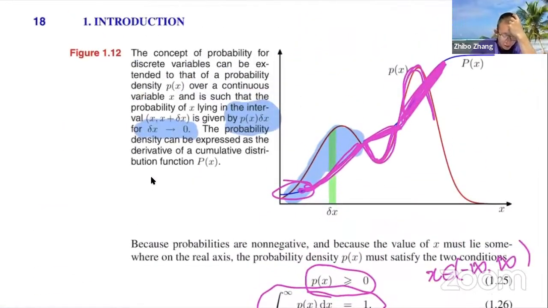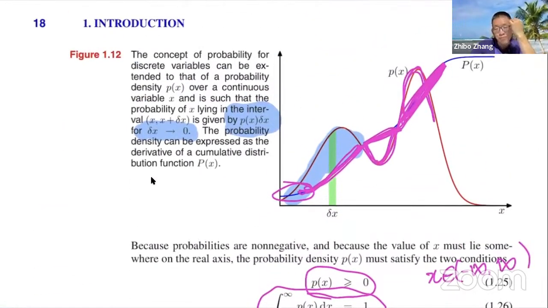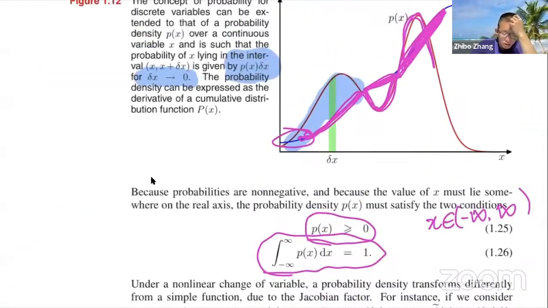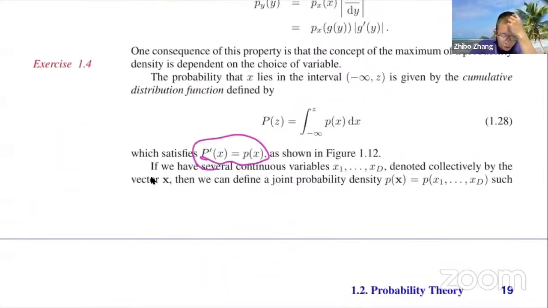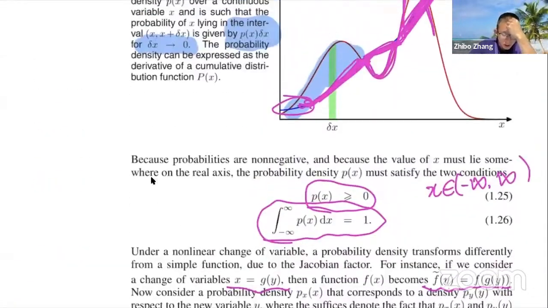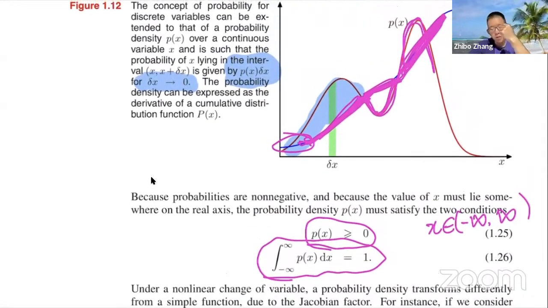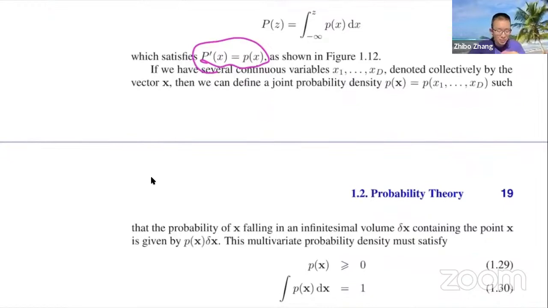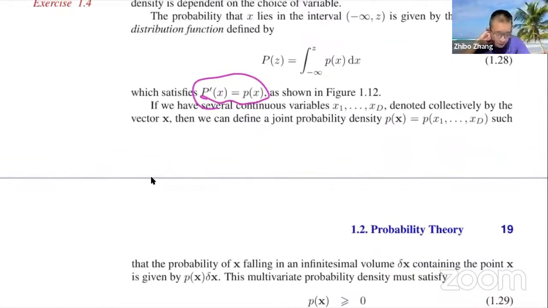So the slope of the CDF, the cumulative distribution function, is equal to the density. If the density is high, then the slope of the CDF is high. If the density is low, then the slope of the CDF is low.